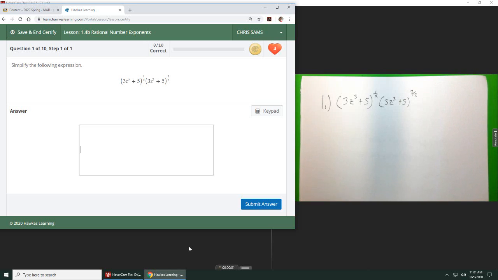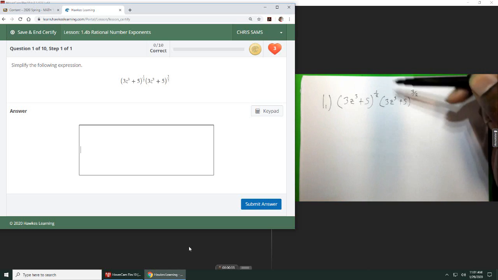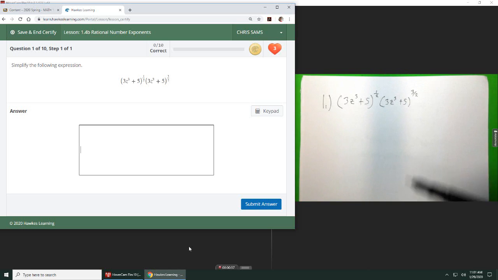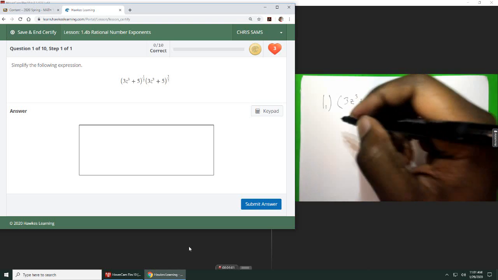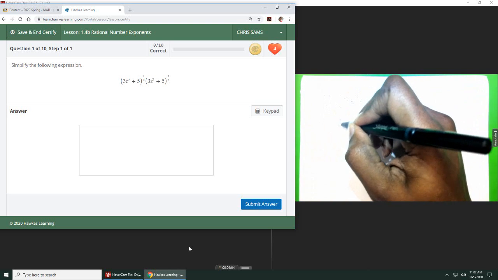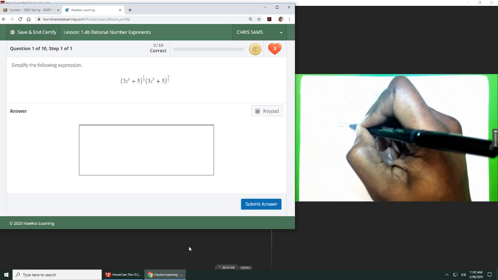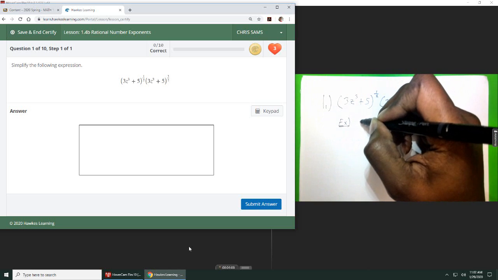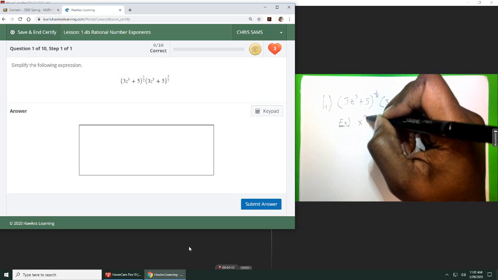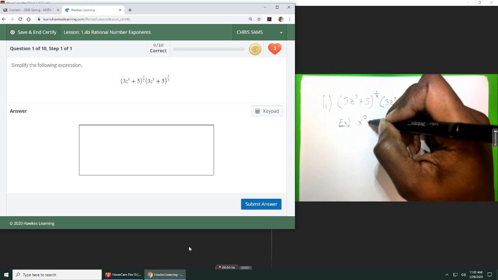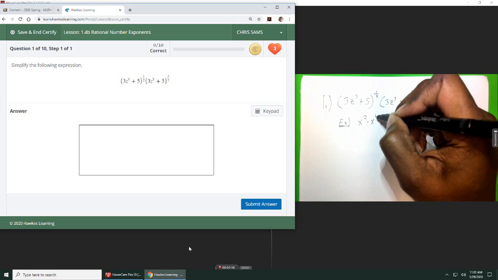Okay, so what they want you to see here is that even though this looks really, really messy, properties of exponents come into play. And the problem is really simple. You don't have to do a whole lot of work. So just recall, when we talked about properties of exponents, if you had something simple, let's just say x squared times x to the 4th.